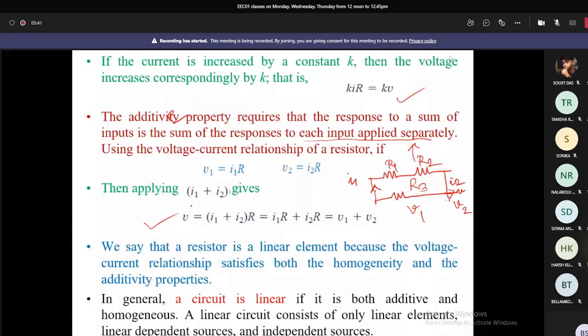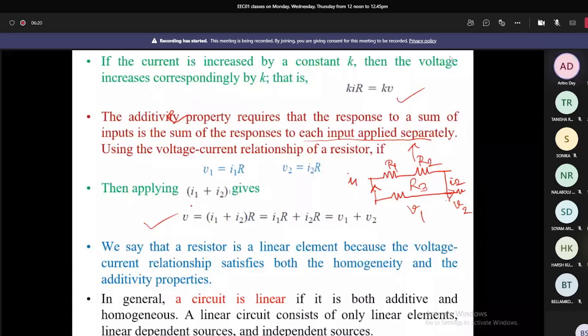So the algebraic sum of the voltage across, or voltage drop, or current through that particular element due to each independent source acting alone while the other sources are replaced by their internal resistance, or when it is an AC circuit, by impedance. Okay, so this is very important. If you miss this, then it's difficult for you to get it.